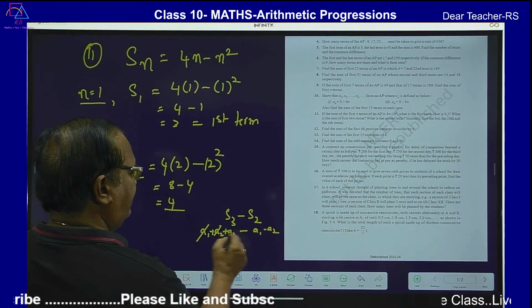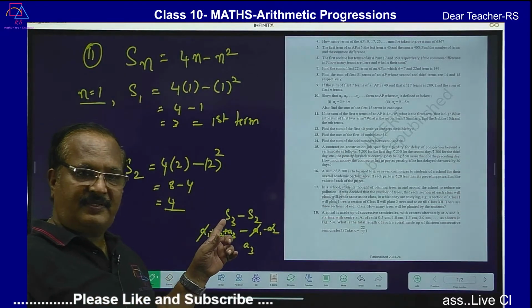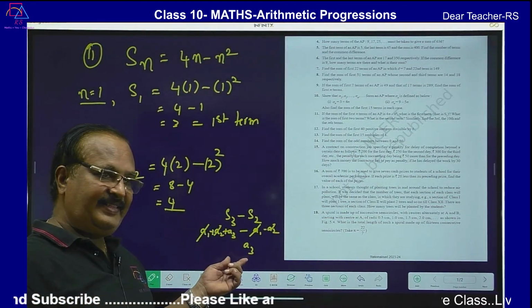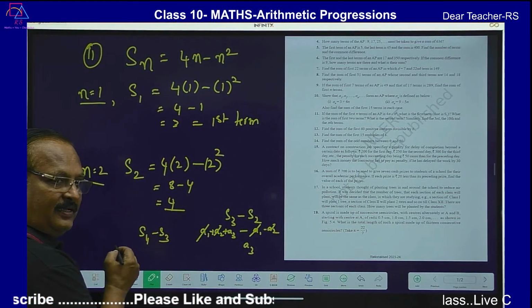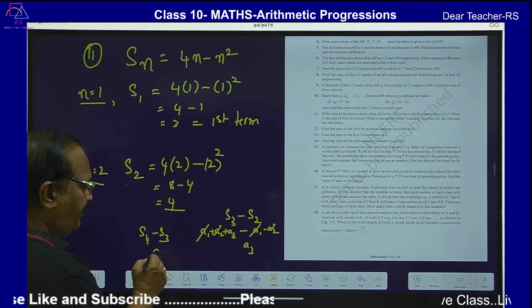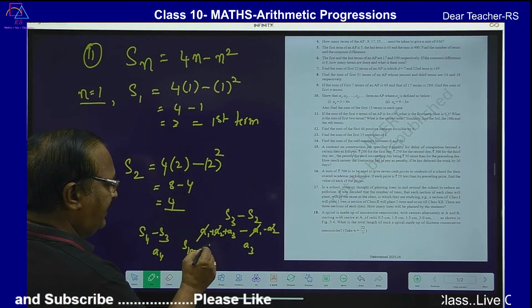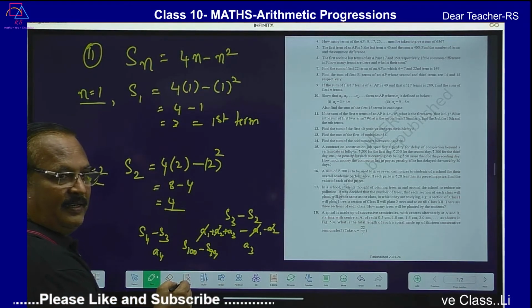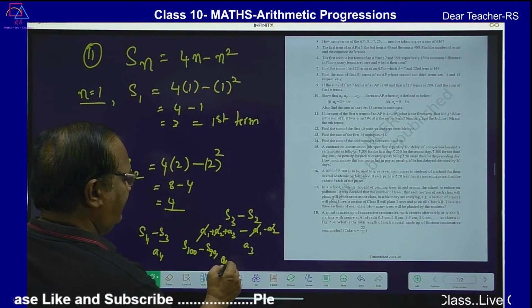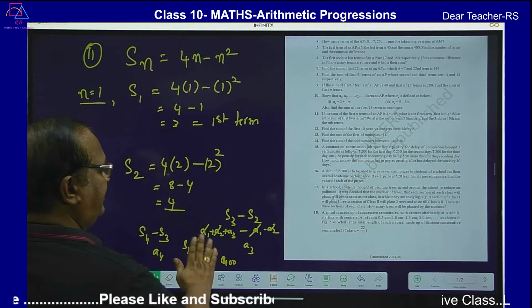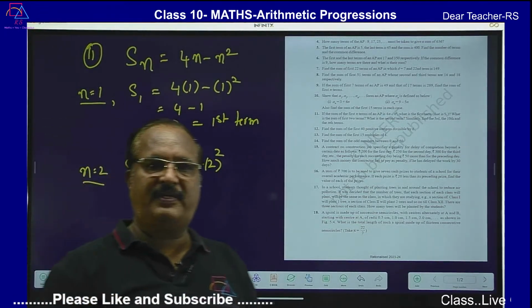So A1, A2 will get cancelled, you are getting A3. So if you are subtracting S2 from S3, you are getting A3. If you are getting S4 minus S3, you are getting A4. If you are subtracting S100 minus S99, you are getting A100, 100th term.